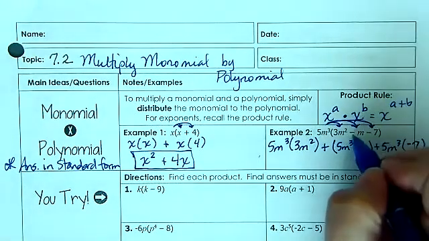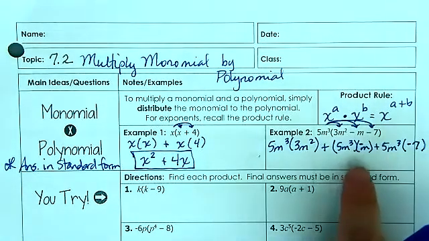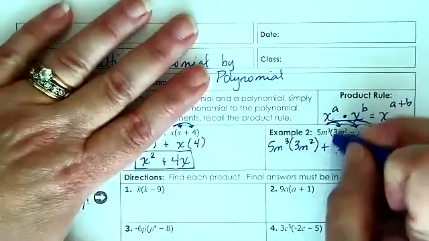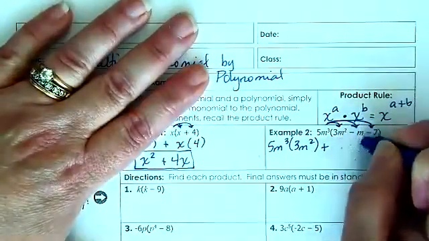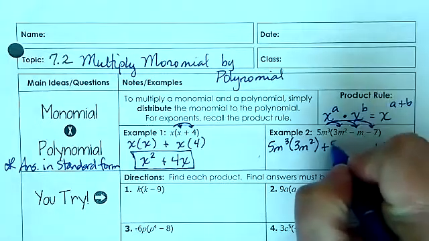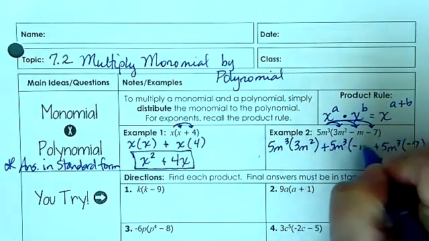Oh, and I need to remember that's a negative m. I made that boo-boo. That's a negative m right there. We got to remember that. Plus 5m cubed times negative m.